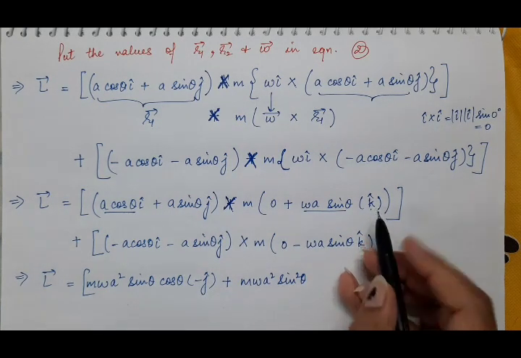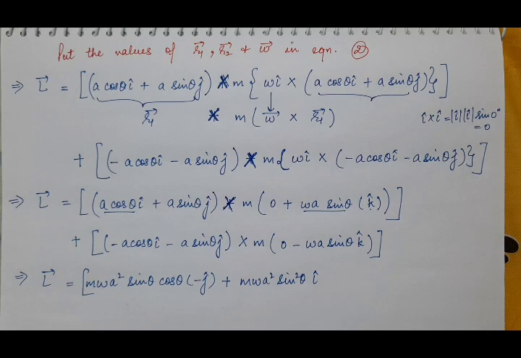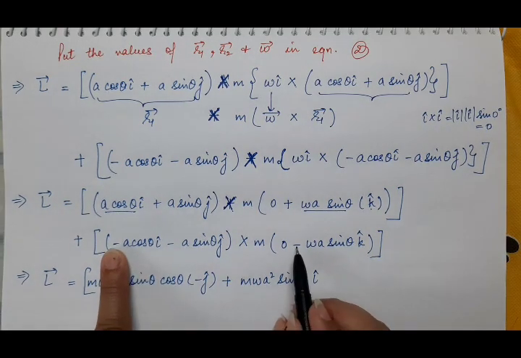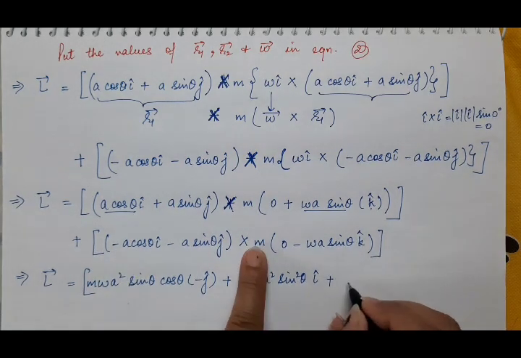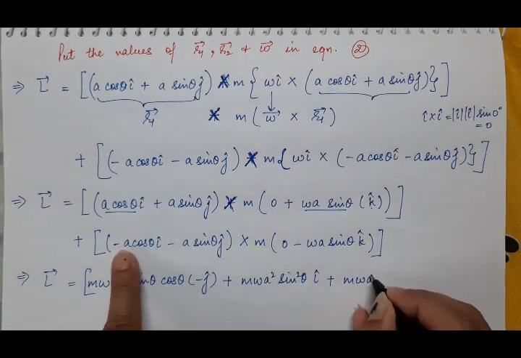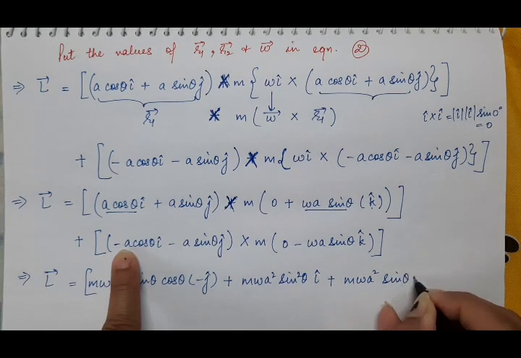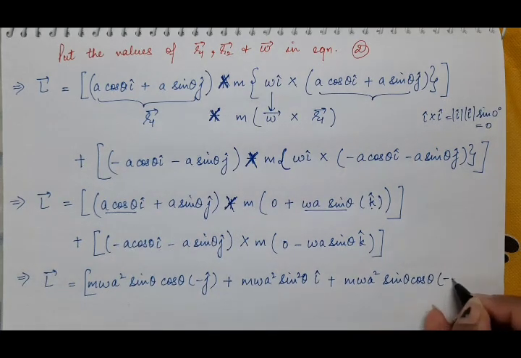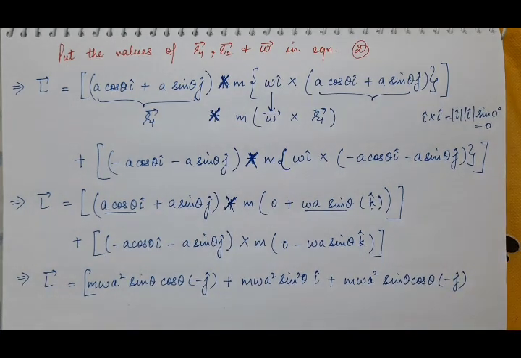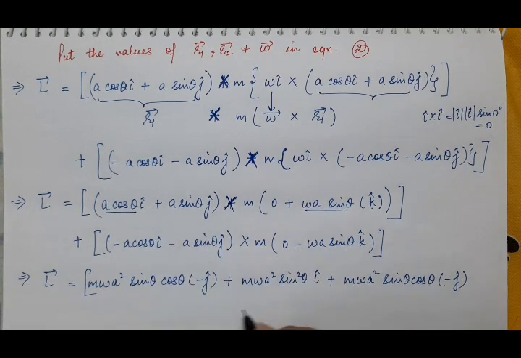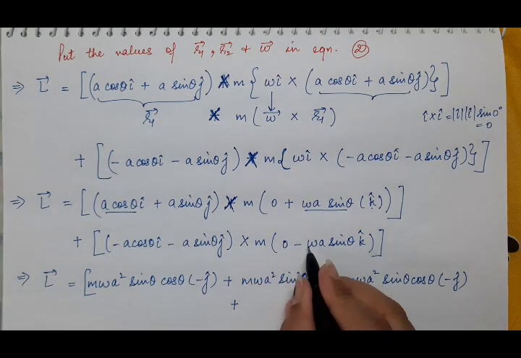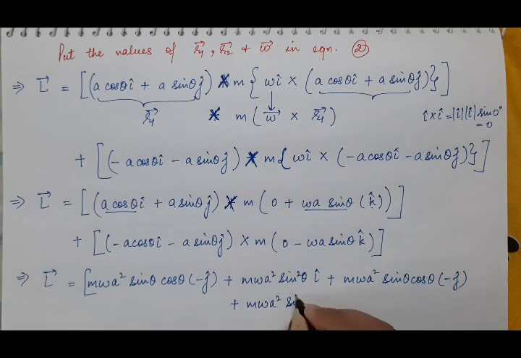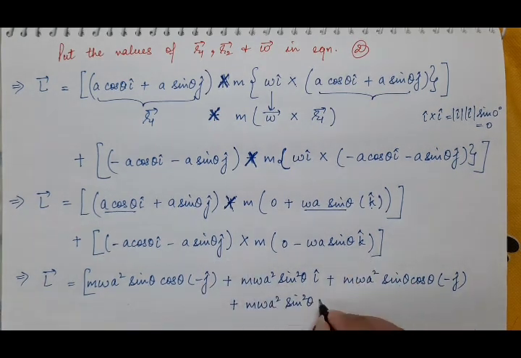J cross k is i cap. Then this minus and minus will be plus m omega a square sin theta cos theta, again i cross k is minus j, and this minus and minus is plus m omega a square sin square theta, j cross k is i cap.